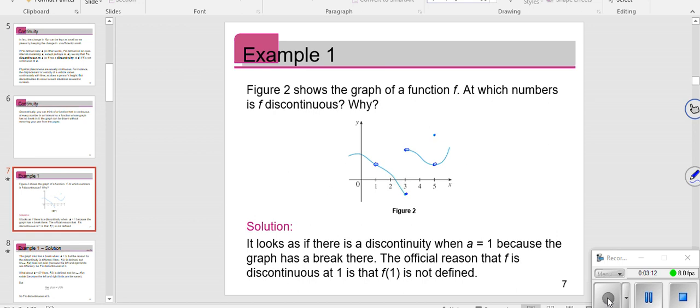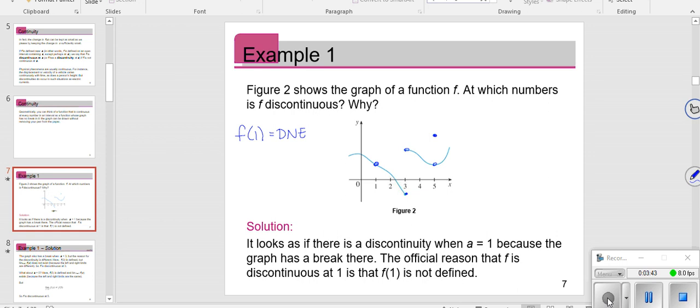This is open. This is filled in, I think. Kind of hard for me to see as well. So it looks like there is a discontinuity when a equals 1 because the graph has a break there. Again, there's an open circle, so the value of the function f of 1 does not exist. So is it continuous at that point? No.